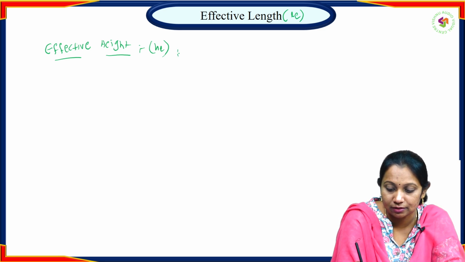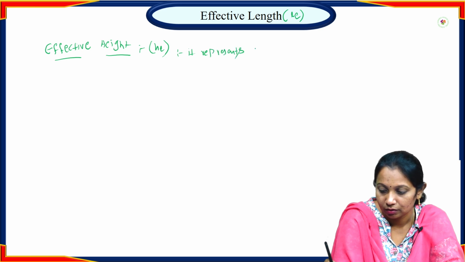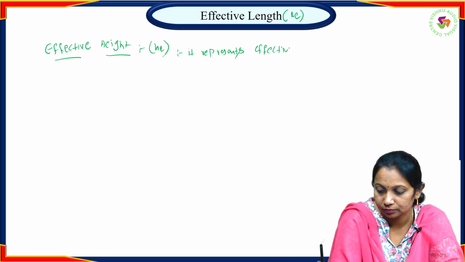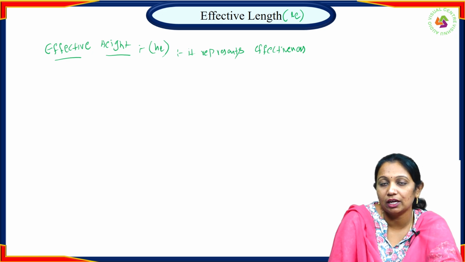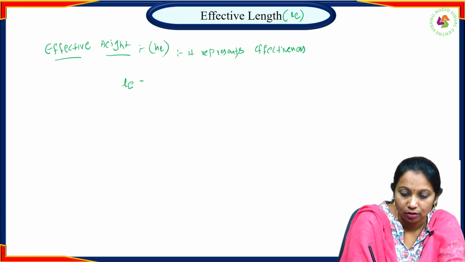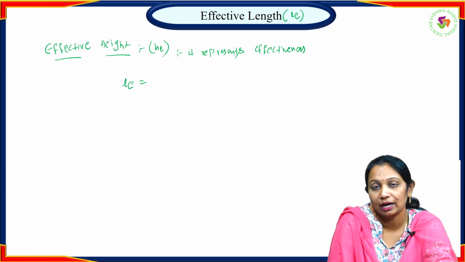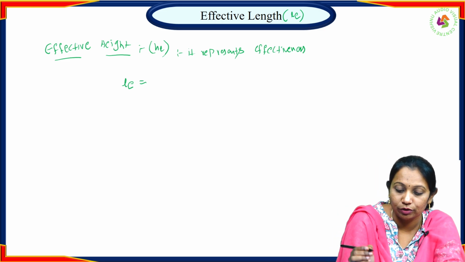It represents the effectiveness of the antenna. In general, we can define the effective height or effective length as a ratio.